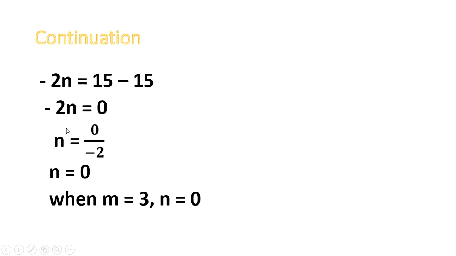Divided by the coefficient of n, 0 divided by minus 2 is 0. So when m is 3, n equals 0.